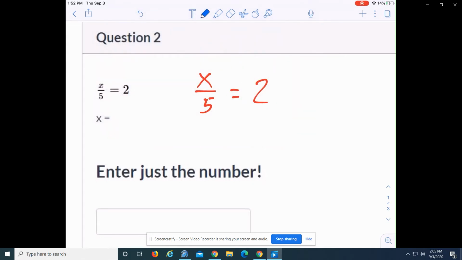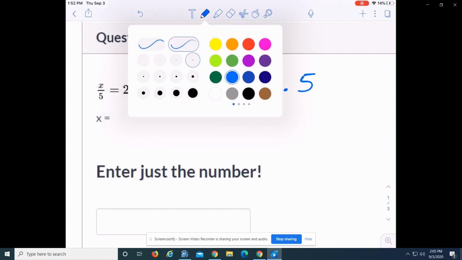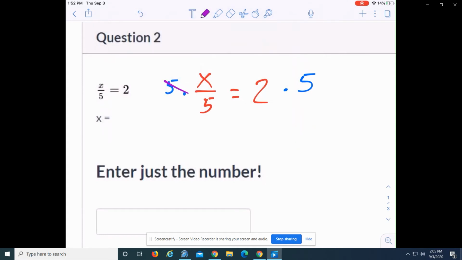So if I'm dividing by 5, to do the opposite, I'd have to multiply by 5. And I'm going to multiply both sides by 5. What ultimately happens is the 5s cancel, x drops down by itself, and it equals 2 times 5. You can use a calculator if you want, but 2 times 5 is 10. And so x equals 10. And so it says enter just the number. So I'm going to type in 10.